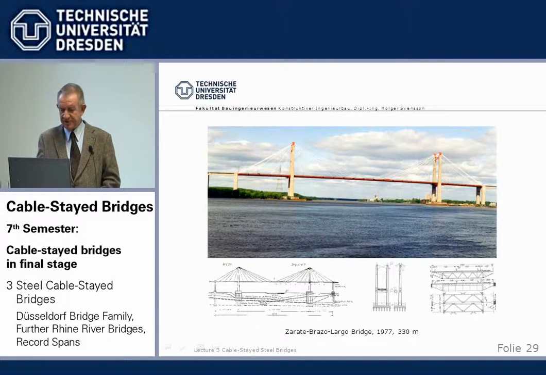For the first time, the braking forces from the railway, which are important, are distributed on both towers, which is always a little problem, by using hydraulic jacks between the beam and the towers in longitudinal direction.